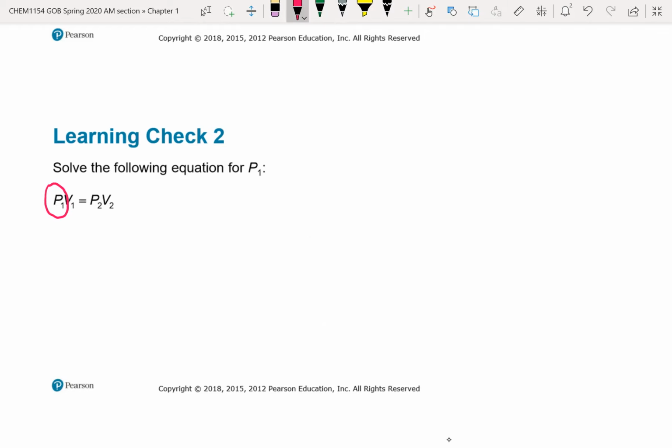So in other words, I want to isolate p1 on one side of the equation. So what can I do to isolate p1? I just want to have p1 on this side.